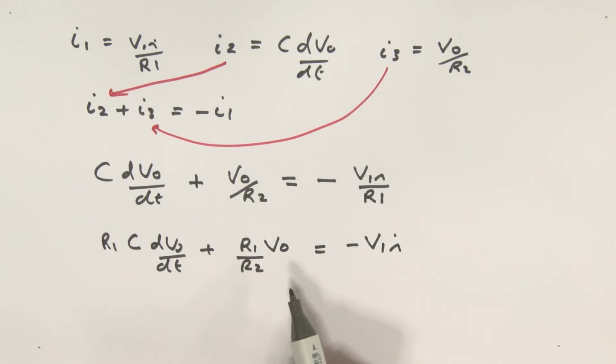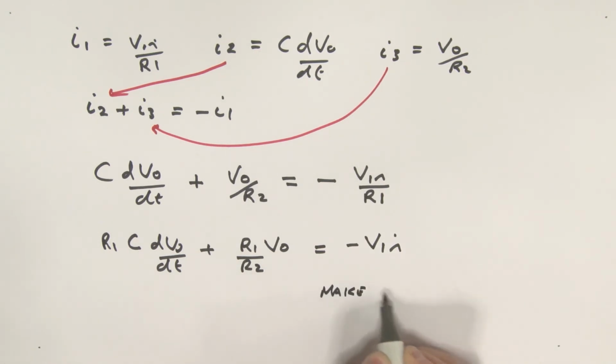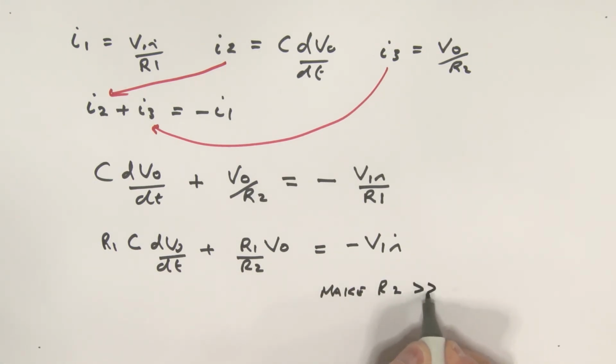Think about this just for a second here. We want this to behave like an integrator. Now we've got that R2 resistance that has been incorporated. So what we're going to do is basically make that R2 resistor considerably greater than the R1 resistor. And by considerably greater, we might be 10 times bigger, we might be 100 times bigger than the R1 resistor.